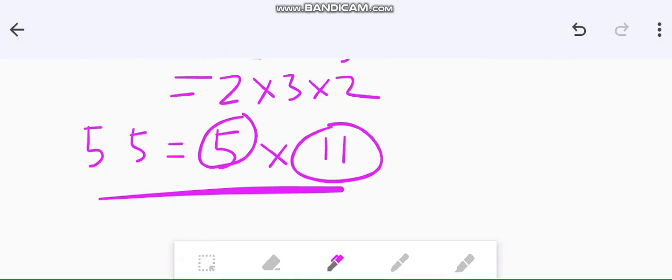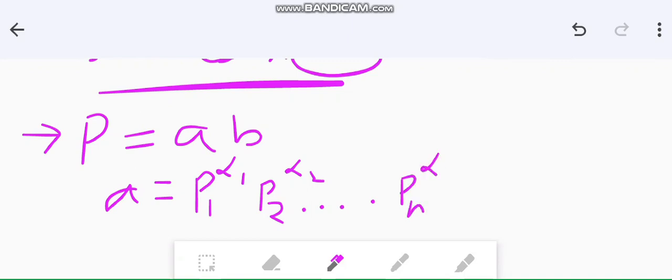Okay, so suppose the number p that we are considering in the first one is a product of two integers, suppose a and b. Now a is a separate integer.